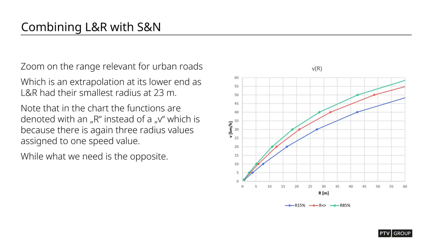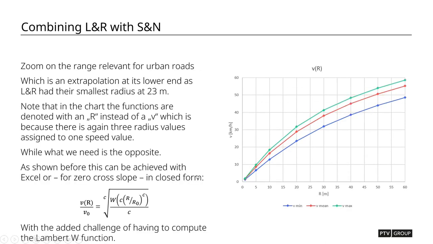In the chart, you can show it nevertheless like speed depending on radius. But as you see here, the data is aligned horizontally. That's what I mean with a function radius depending on speed. There is one speed, 30 kilometers per hour, and then there is a function which gives the radius for the 85%, for the central value, and for the 15%. But what we need for Vissim is the other way around. There is one radius, and I compute three speeds from that.